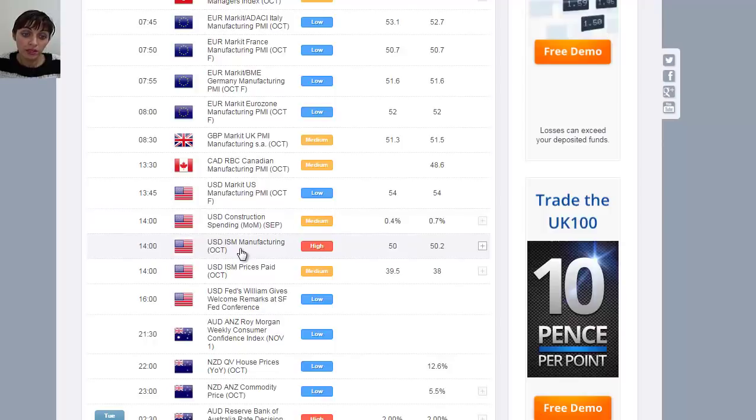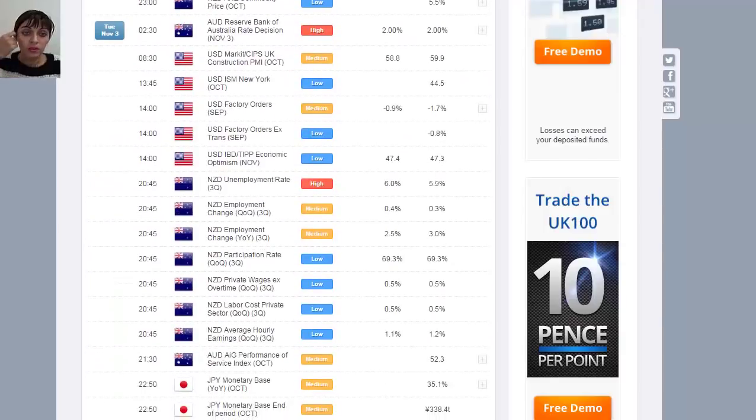I check the calendar every single day to see what the news is going to be for the euro and the dollar, and I'm going to mark it on the chart. That's Monday. Tuesday, not much at all. Some news starts from 8:30, something medium, then at 1:45 it's low, and factory orders at 2 o'clock are medium. So I can make a note of the factory orders as medium at 2 o'clock.